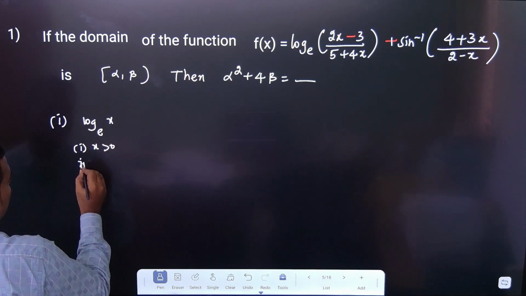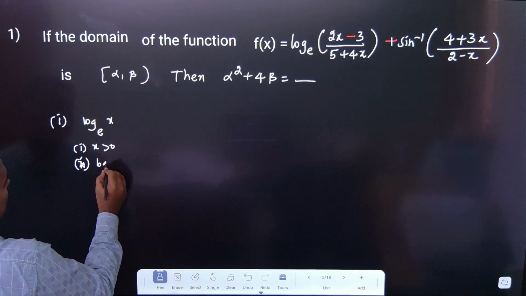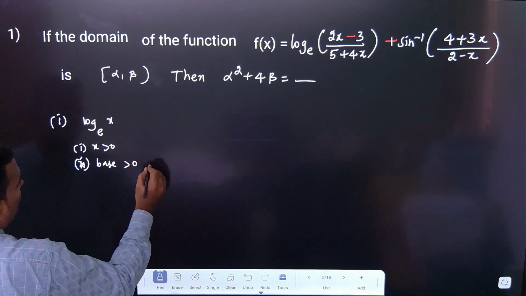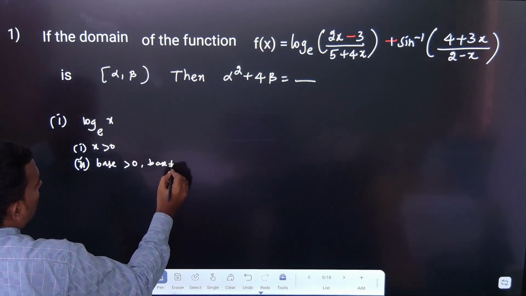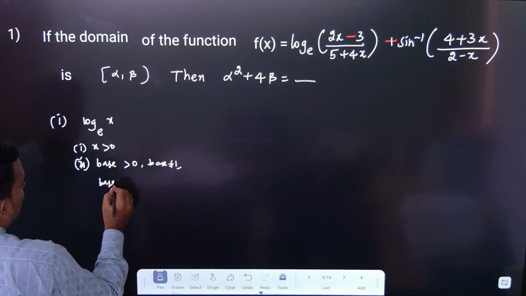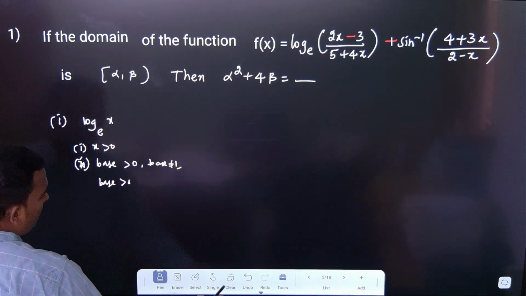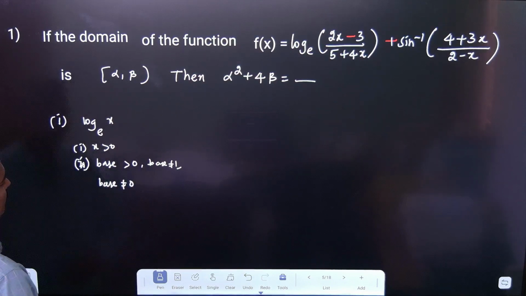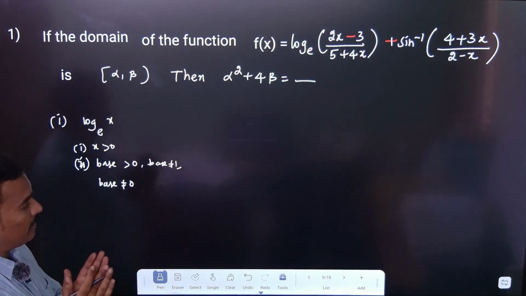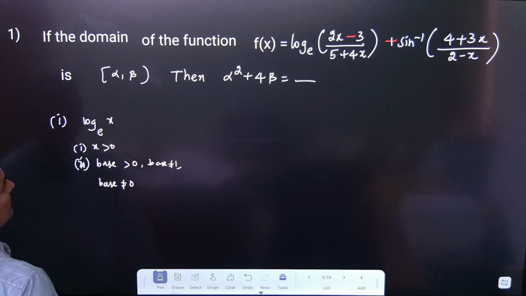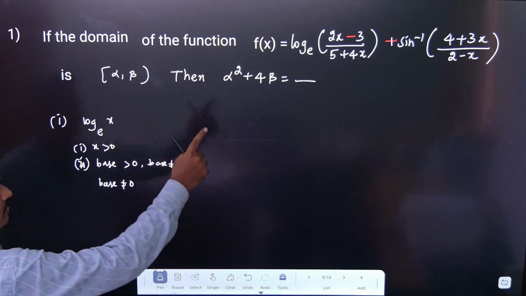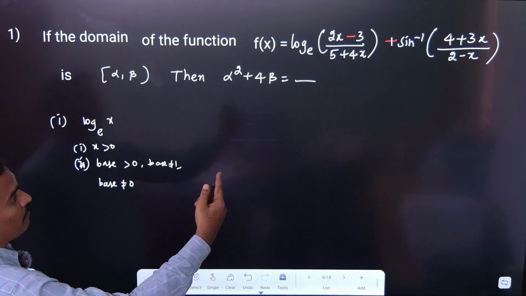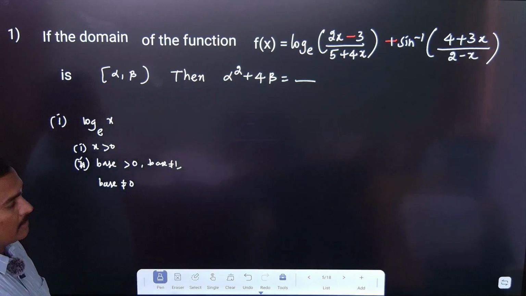Second thing is, the base is greater than 0 and the base is not equal to 1, and not equal to 0 also, right? That is the definition of the logarithm. Okay, let us take here, the input is 2x minus 3 divided by 5 plus 4x. First you find the domain of the logarithm and then find the domain of sine inverse, right?